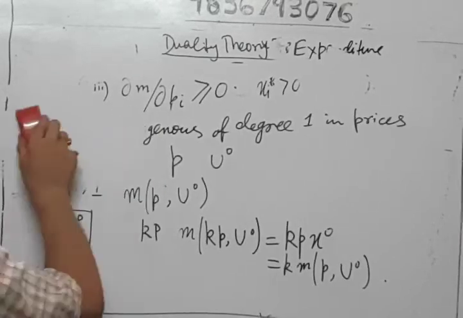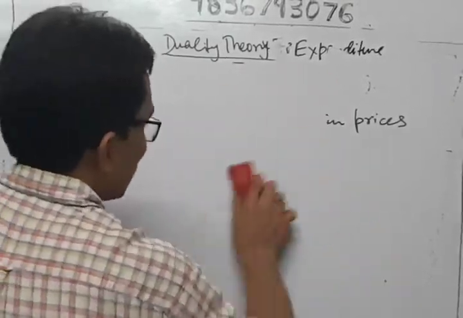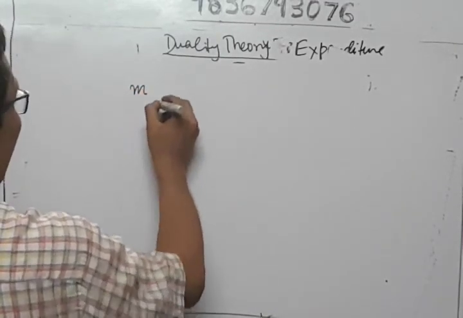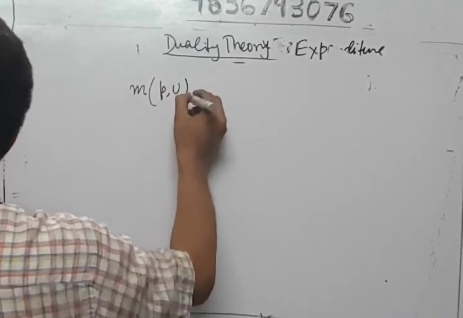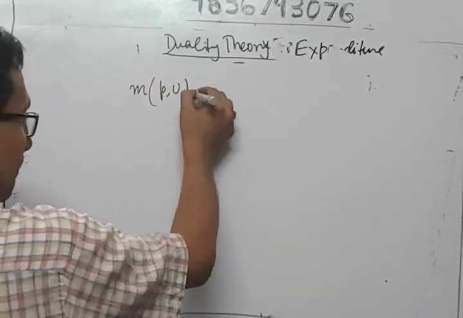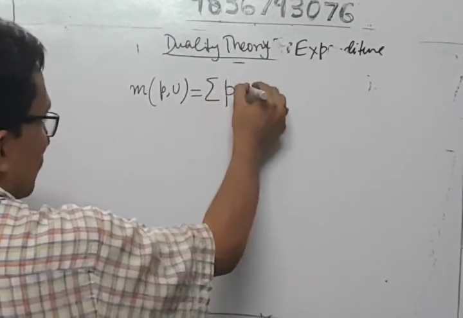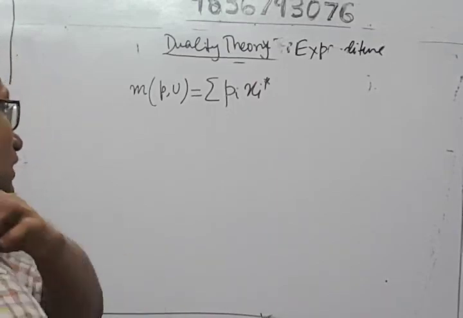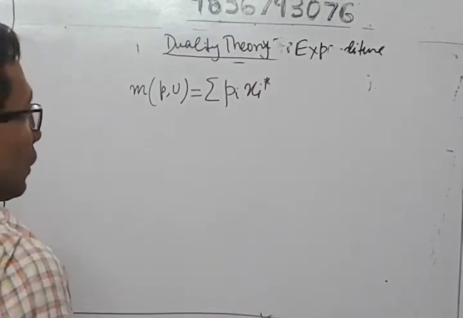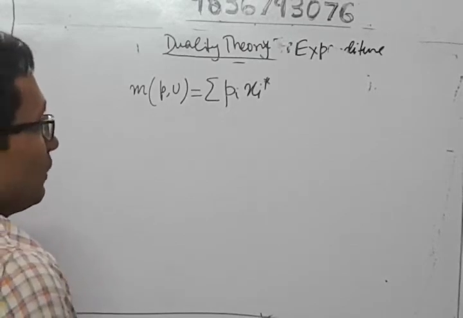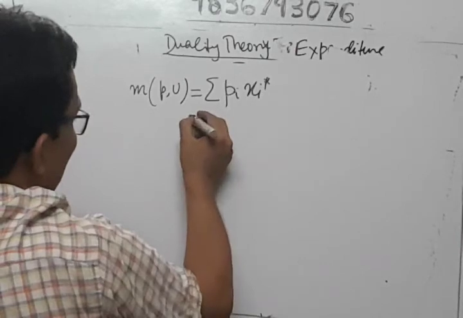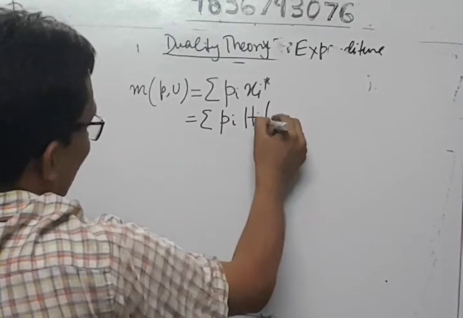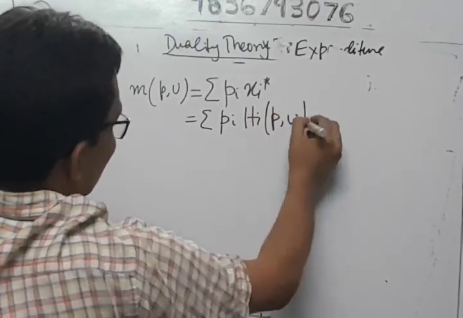Now, as we know, this expenditure function can be written as a function of price as well as utility, which is nothing but this expression, that is the summation over i of pi xi star, where xi star is nothing but the optimal consumption of good i that minimizes the expenditure with a given level of utility, and this optimizing consumption bundle is nothing but the Hicksian compensated demand, which is again a function of p and u.